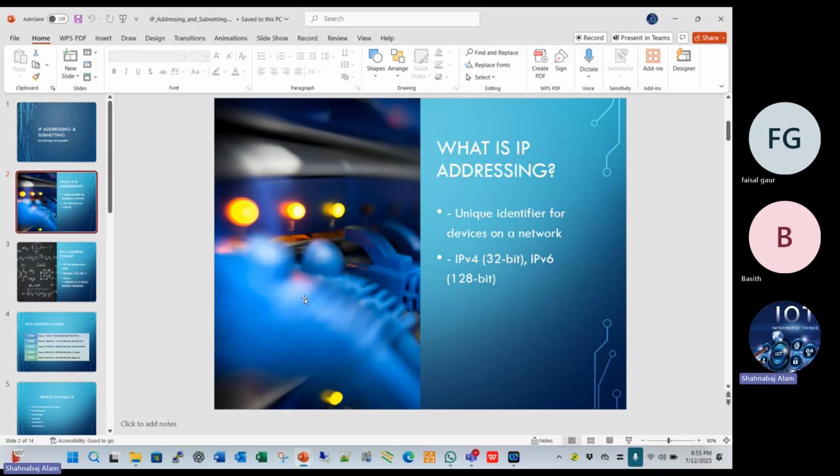So IP addresses are what we use in the network environment. Suppose you want to communicate from one device to another device, every device should have a unique IP address, because without an IP we cannot communicate with any device in the network environment, right?